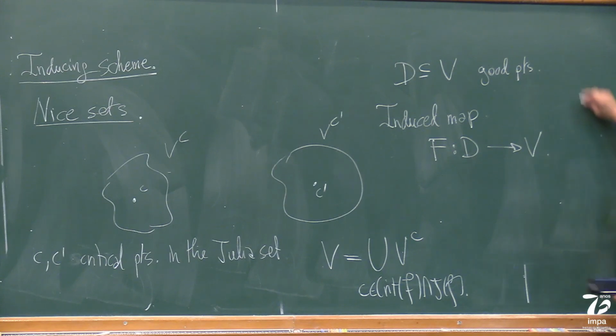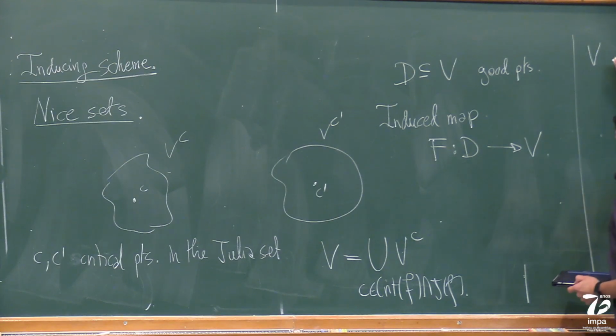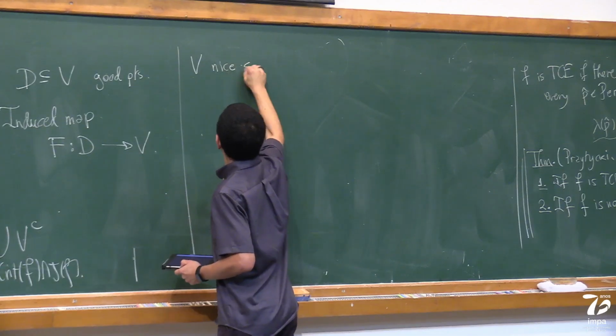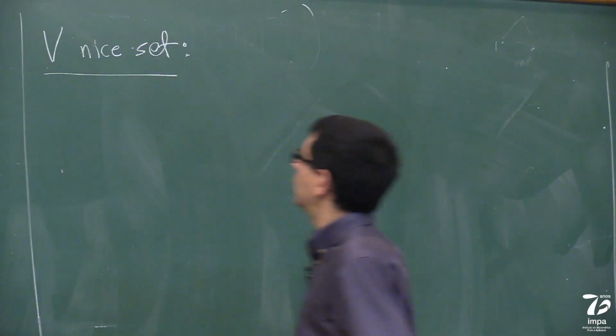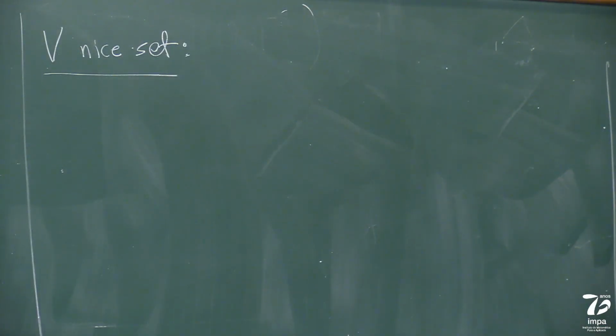And basically, what you want to do is to consider a nice set here. This is some type of Markov or puzzle piece where it has this Markovian property, but going backwards.